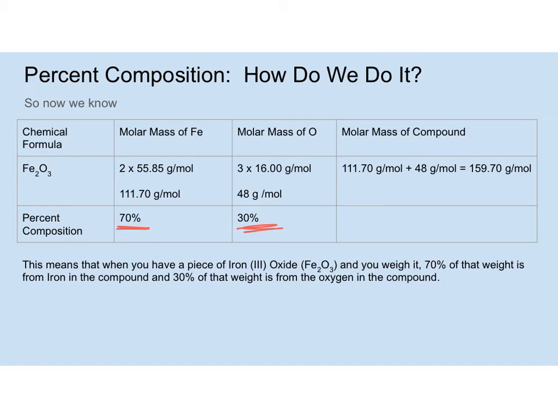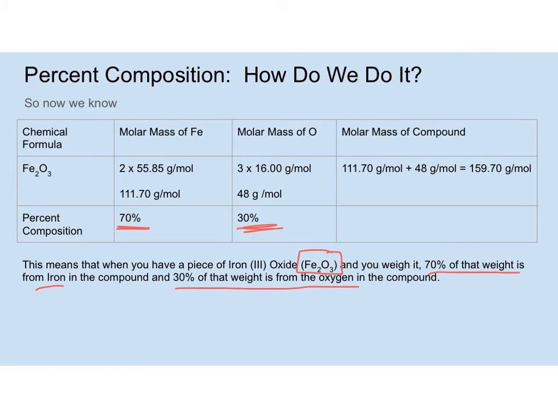So this means when you have a piece of iron oxide, and you weigh it, 70% of that weight is from iron, and 30% of that weight is from oxygen.